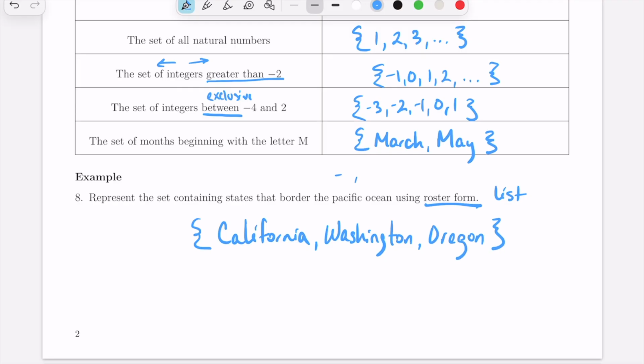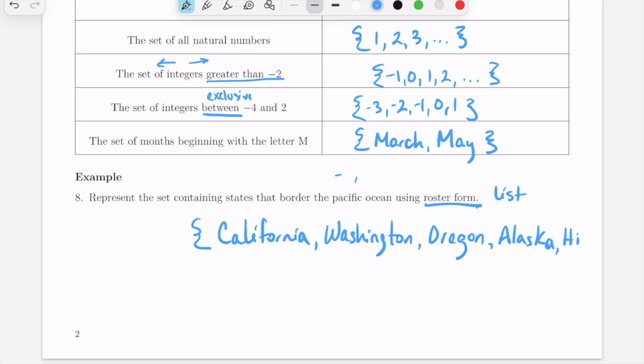Now, I am going to say, I actually don't think we have them all. I initially put that there, California, Washington, and Oregon, but I think there's actually a few more states that share a border with the Pacific Ocean. It's not ones that we think about very often, but Alaska and even Hawaii.